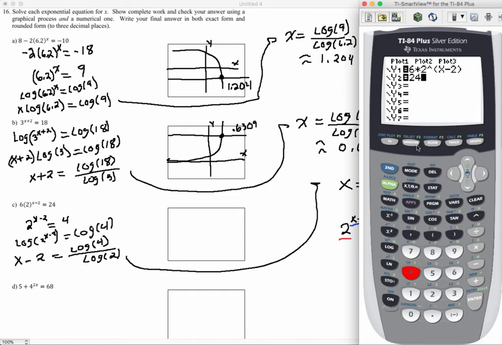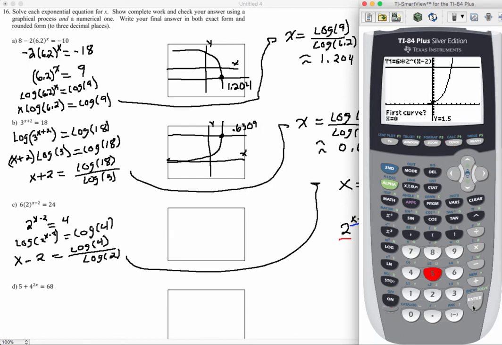So again, I know my y2 is equal to 24, which gives me a horizontal line going through 24. So I'm going to bump this up even bigger in my y max and go to 30. Here we go, got our point of intersection, so we're going to do a second and a calc. Number 5, first curve, second curve, best guess.